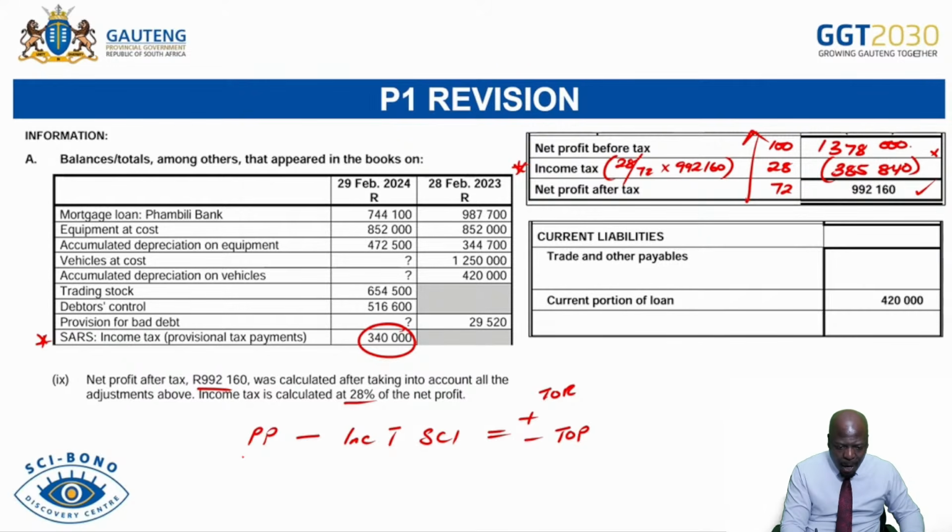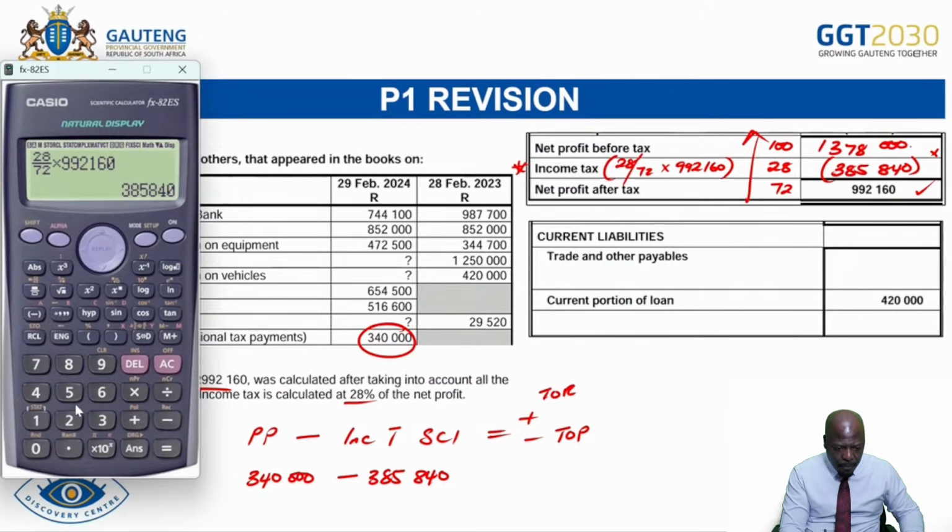So our provisional payments are 340, and the income tax is 385,840. Let's bring the calculator. We say 340,000, the provisional payments, minus 385,840, and you end up with a negative 45,840.